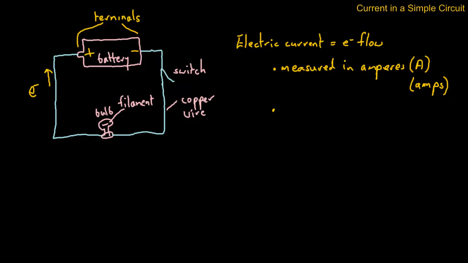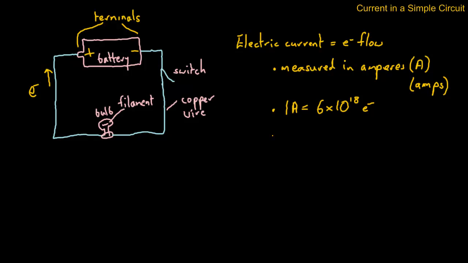And 1 amp is defined as the flow of 6 times 10 to the 18 electrons. That's actually 6 quintillion.